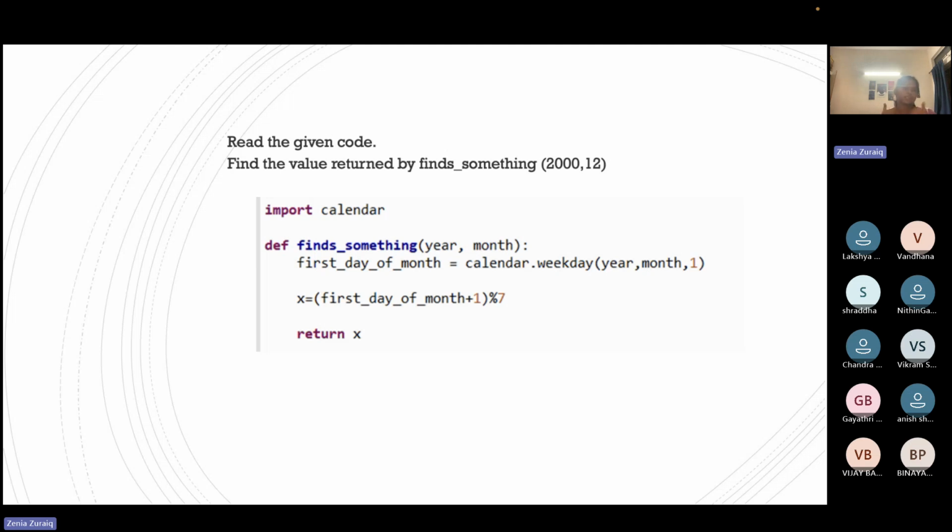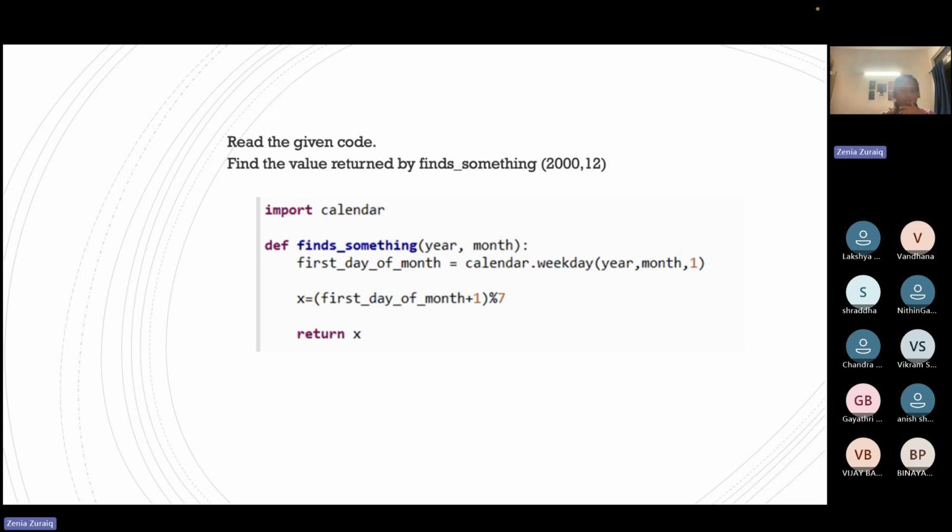Is it saying Monday, Tuesday, Wednesday? The value of X is a number, right? 0 to 6. Not 0 for Monday. I think you guys are coming closer to where it is.